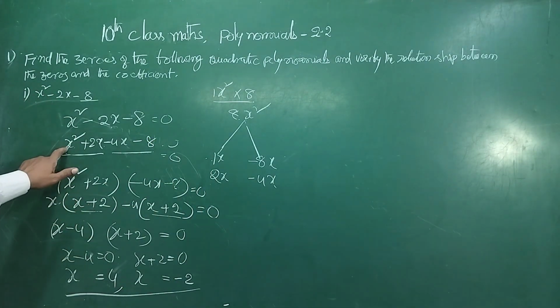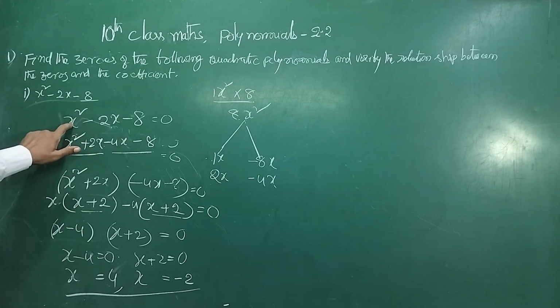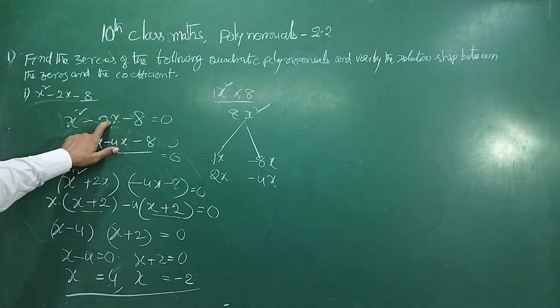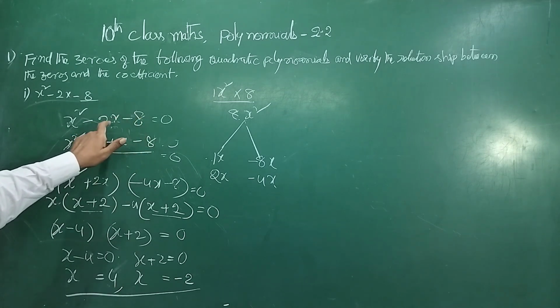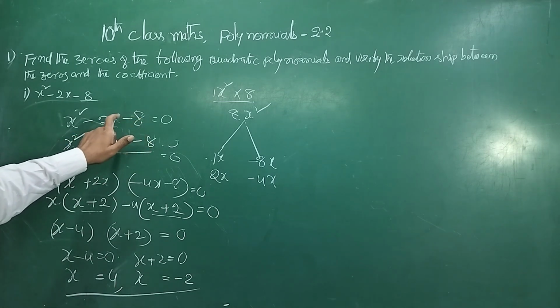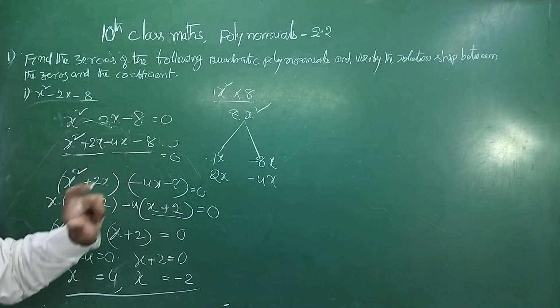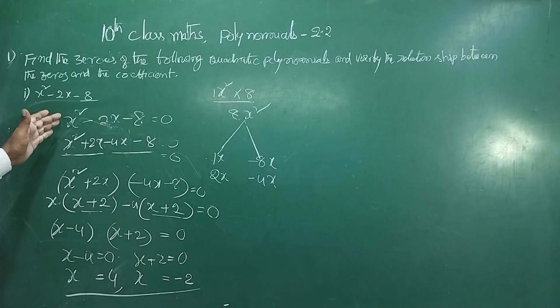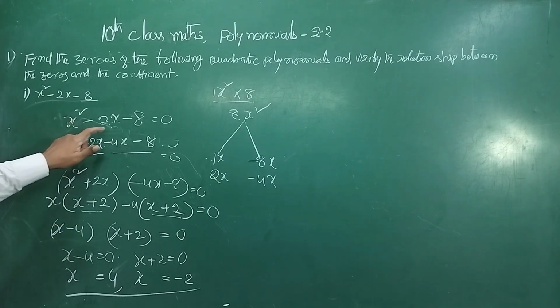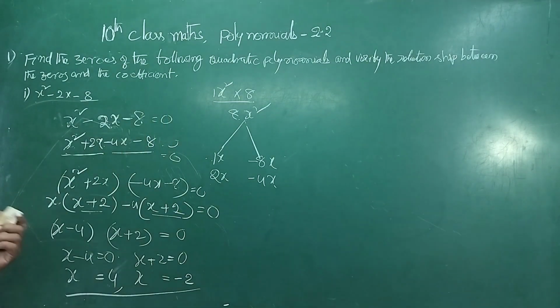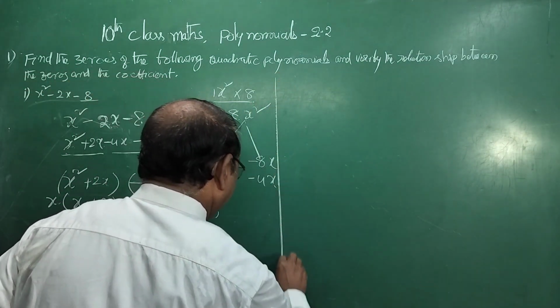X is equal to 4. 4x square means 16, plus, here 4x is 4 into 4, 16, yes, 2 into 4, 8, minus 16 minus 8 and plus 16, it becomes 0. When you substitute minus 2 in place of x, you get the same, you get 0 here. You verify, yes. One part is over.